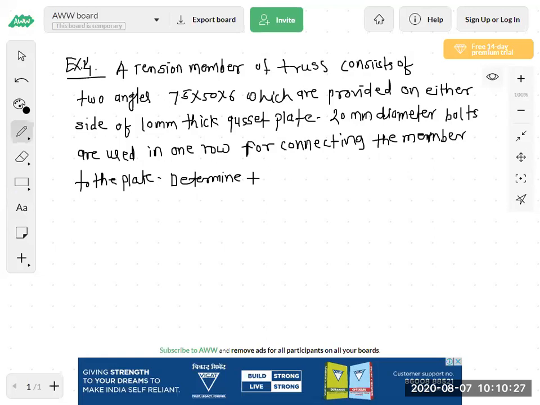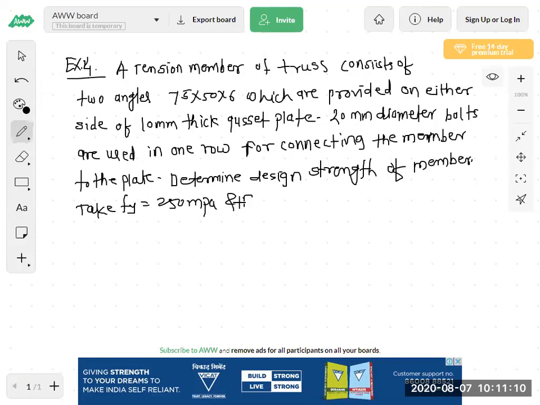Determine design strength of member. Take Fy is equal to 250 MPa and Fu is equal to 410 MPa.